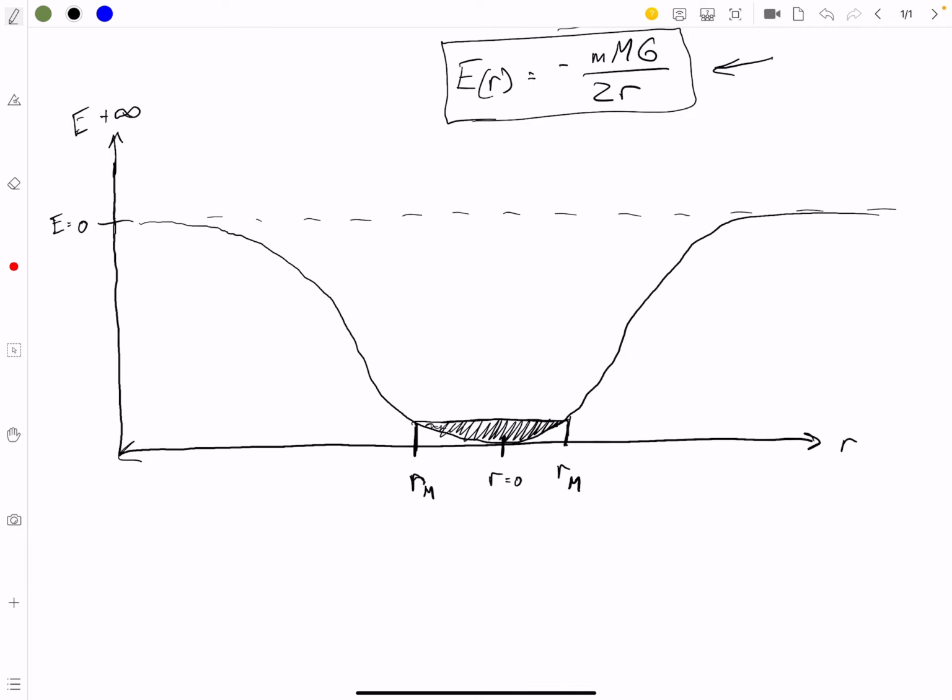Then we're going to select this point as our maximum radius, and that equates to this point here, for this amount of energy. So this is the energy at R max. Okay? So all we get is this region to move around in.